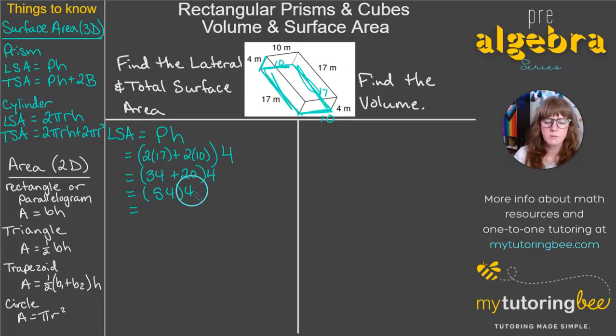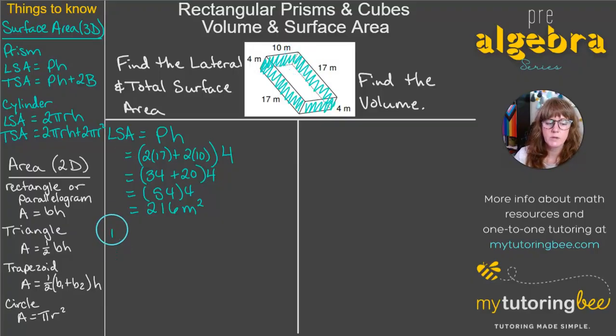And then 54 times 4, let's see, 4 times 4 is 16. 4 times 50 is 200, so that should give us 216. And then again, meters squared, because this is the area of those surfaces. So again, that's just the lateral surface area. So what we have just found are the areas of all of these outer faces of this rectangular prism.